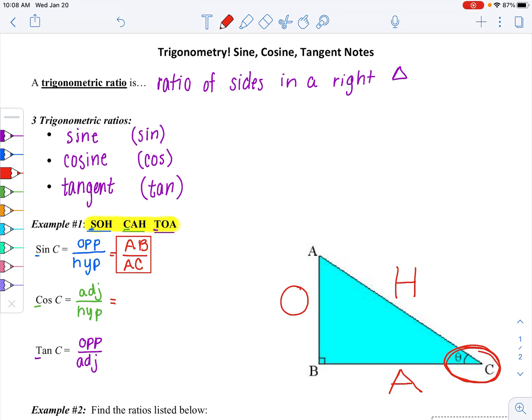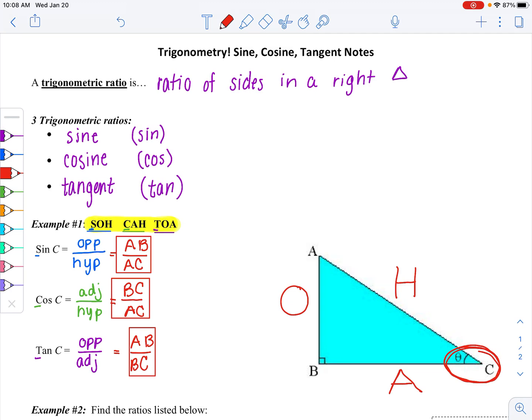The adjacent side is marked with an A, so it's BC over the same hypotenuse of AC. Tangent is O over A, so opposite side is AB, adjacent side is BC. It all comes from when I labeled my OAH.